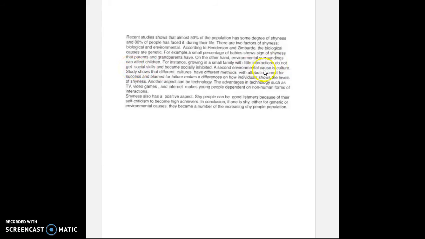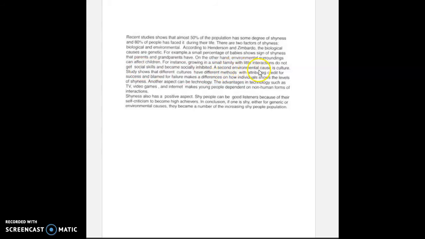Okay, and growing can't get interactions or social skills. So you might need to change this to, for instance, children growing in a small family do not get social skills and become socially inhibited. Okay, because this subject cannot get anything.